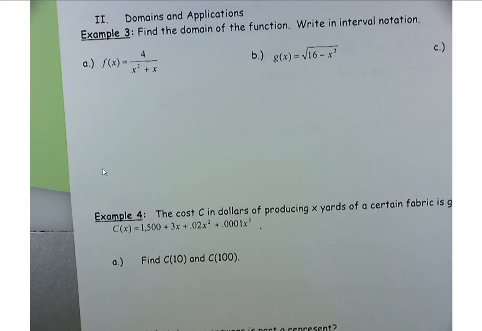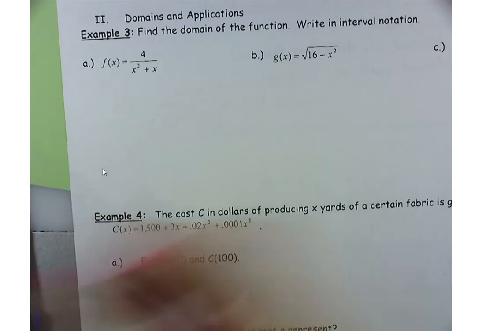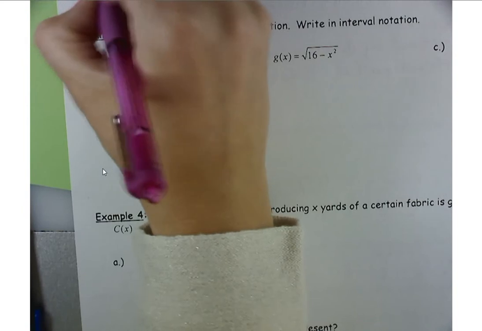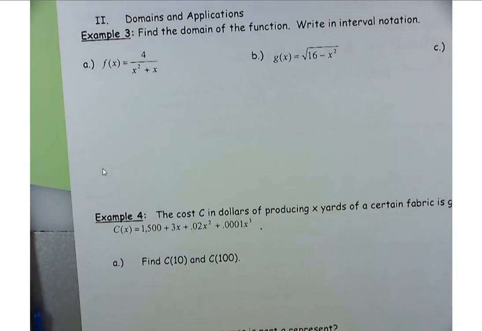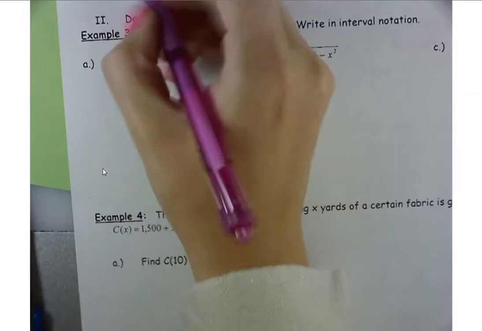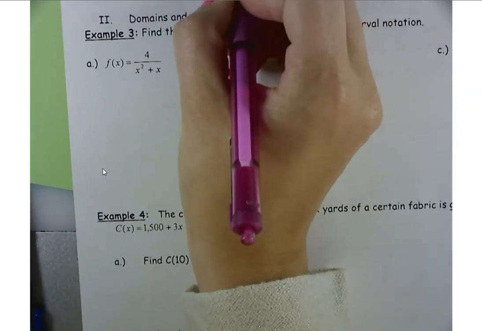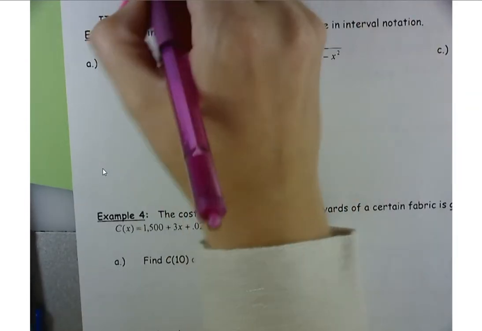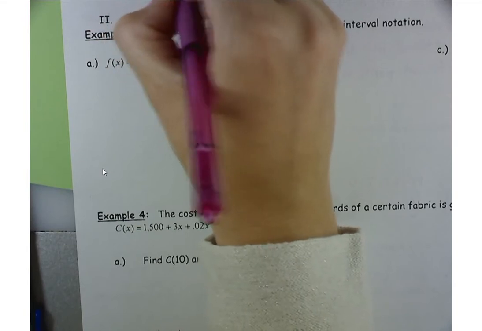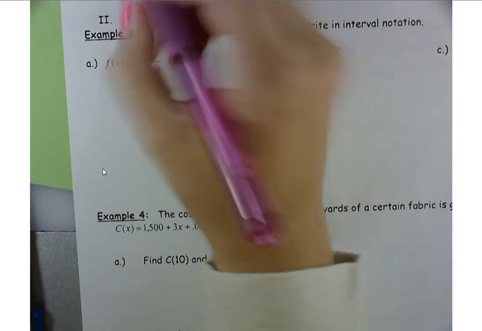Okay, so if f of x is x plus 4, we have to evaluate f of x plus 2, and then f of x plus f of negative 2. So let's do the f of x plus 2. So if I have x plus 4, instead of x, I have to substitute x plus 2. So this is really going to be x plus 2 plus 4.